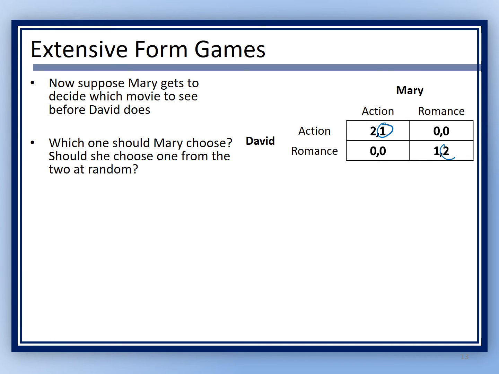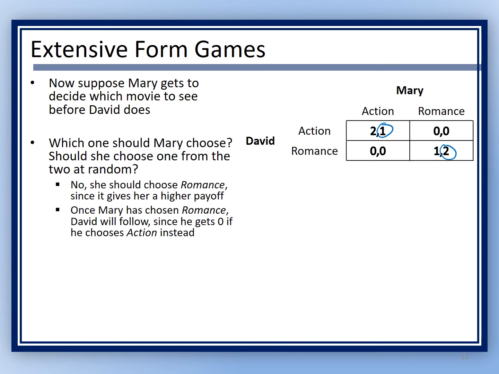In the 2 stable outcomes, one case, the action movie, gives Mary a payoff of 1. The other, the romance movie, gives Mary a payoff of 2. It would be dumb to choose evenly or randomly, right? If she gets to pick first, she should pick the romance movie that she likes more. She should pick the movie that gives her a higher payoff, instead of choosing at random.